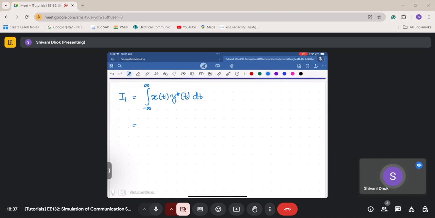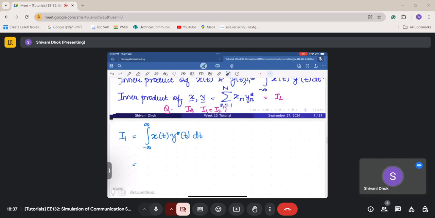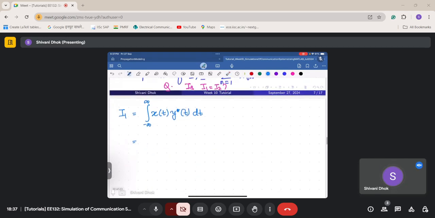Then we can substitute x(t) and y(t) as whatever we have written above. So this becomes integral from minus infinity to infinity of summation n equal to 1 to capital N x_n psi_n(t) into summation m equal to 1 to N y_m psi_m(t) conjugate dt.